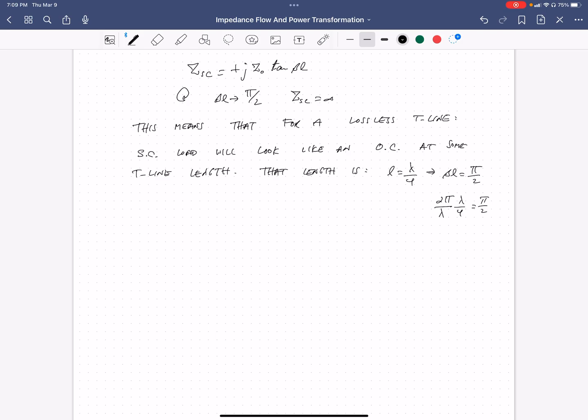So that's basically the case: when L is lambda over 4 is when this happens. And this is called a quarter wave transformer.